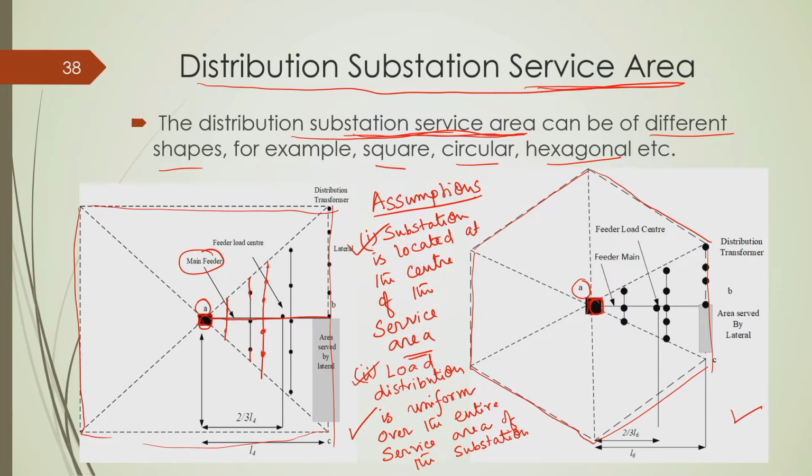For a primary distribution feeder, this is the location of the distribution transformer, which transforms the primary distribution feeder voltage level to the utilization voltage level, and they are directly connected to the loads.